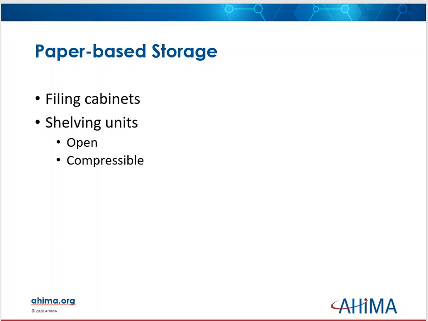Compressible is when you've got one of those movable shelving units that you have to crank or hit a button. So you would have seen that compressible on that 20-30 minute video introduction of that medical record department for that university.